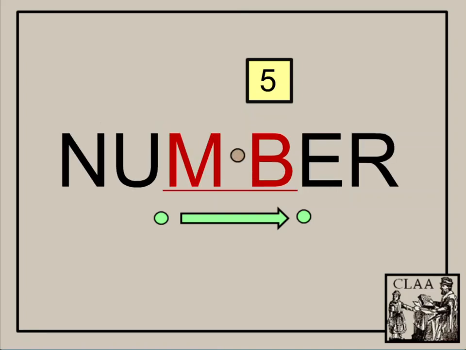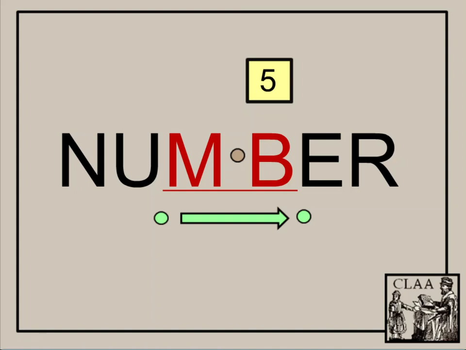We have to be careful though, because when we see the letters M and B in a word, they may not be a digraph. Look at this word carefully. You can see the letters M and B together.